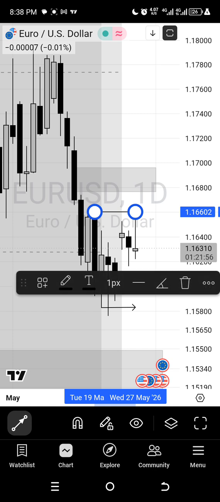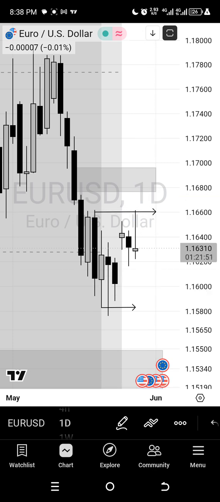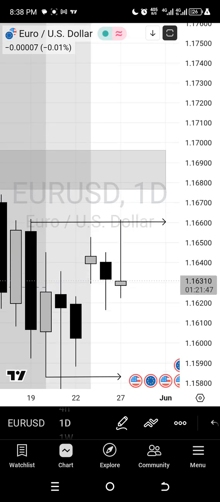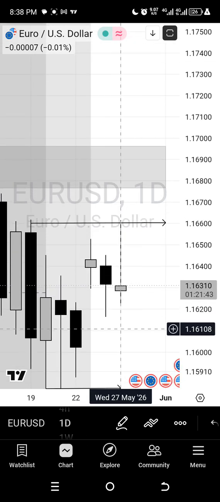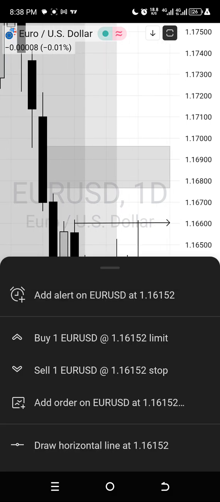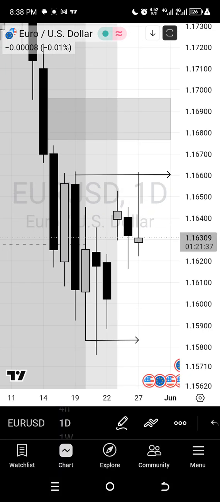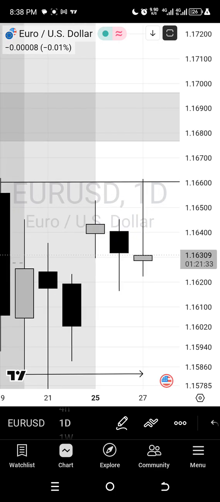This is me trying to understand my short-term draw on liquidity. To be honest, today is actually Tuesday. Sorry, today is Wednesday, and my draw on liquidity for today was actually this candle.